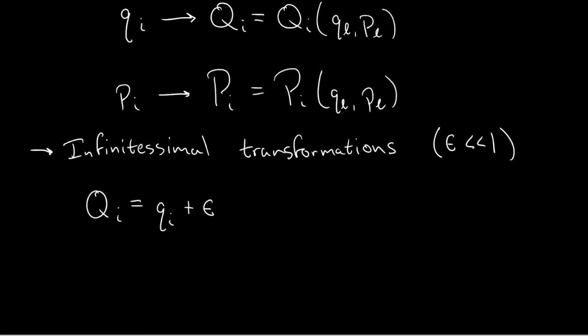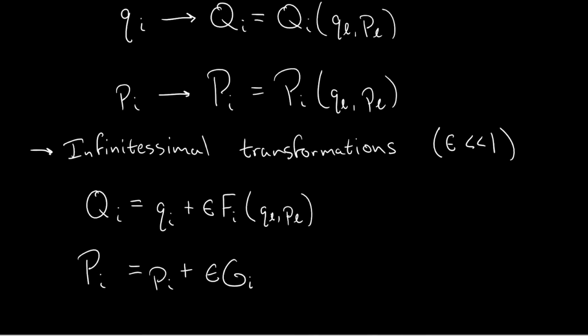But we're going to transform them by some small amount, epsilon times F sub i. And this small amount is just going to be determined by this function f, which is, of course, a function of both our old coordinates and momenta. And we can do the same thing with the p's. P sub i plus epsilon, some different function in principle, G sub i. So these guys are our infinitesimal transformations.